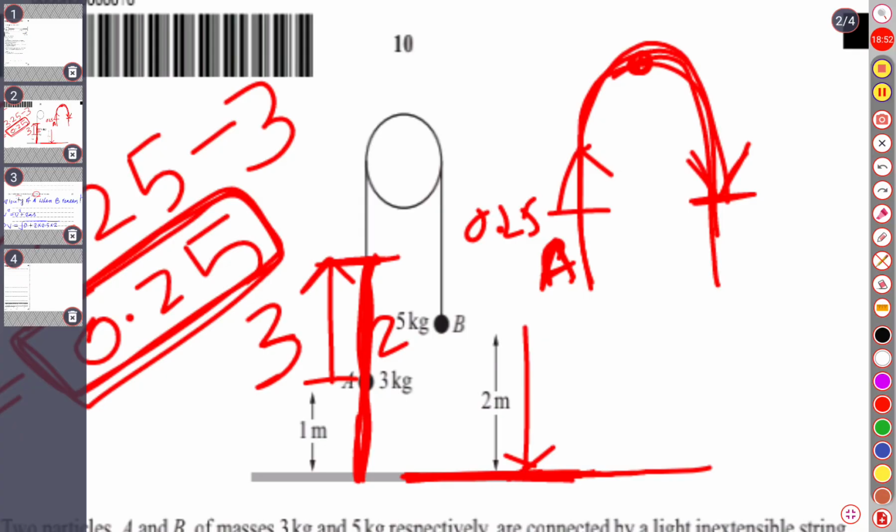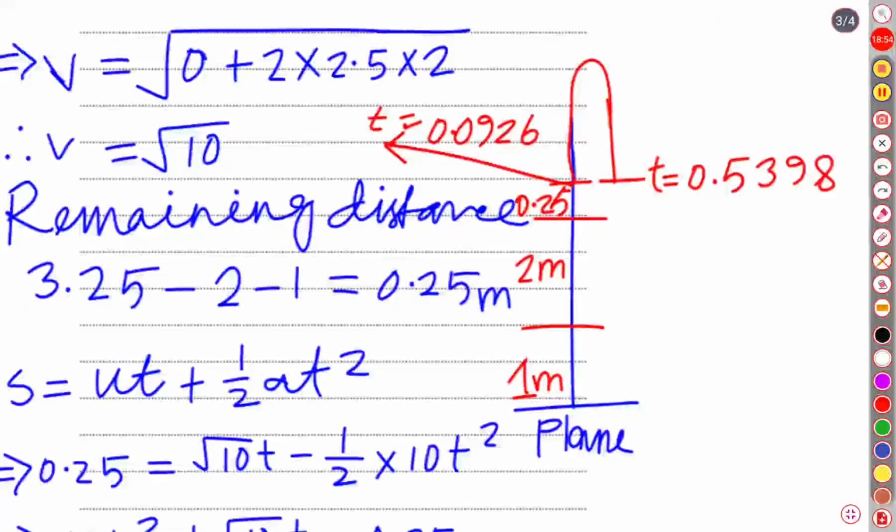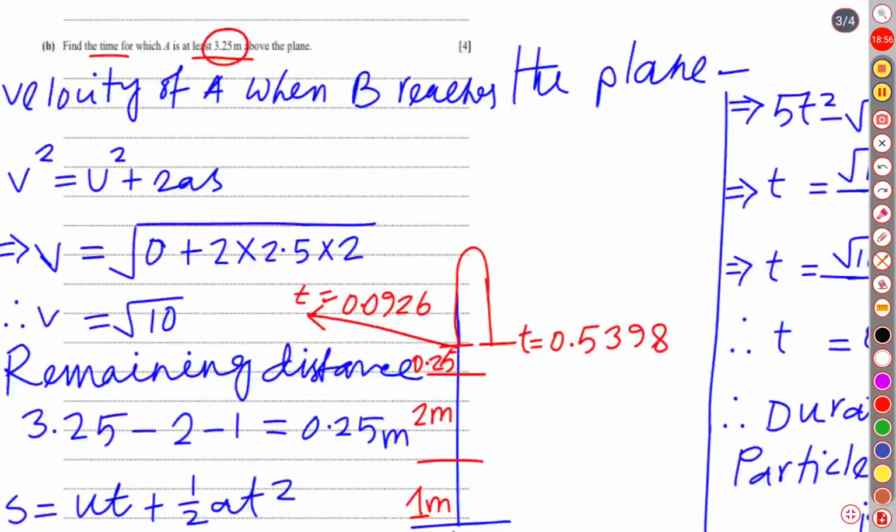Our question, which I have written over here, is the velocity of A when B reaches the plane. We should know the velocity of both of them when A reaches the plane.